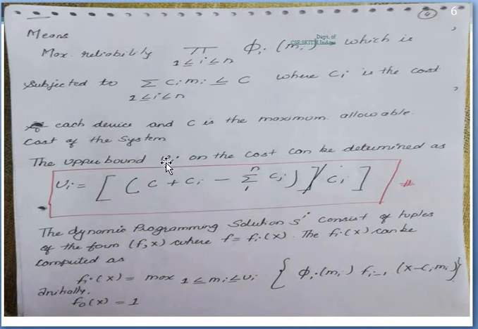So the upper bound ui on the cost can be determined like this. The dynamic programming solution Si consists of tuples of the form (f, x), where f represents the reliability and can be computed like this.